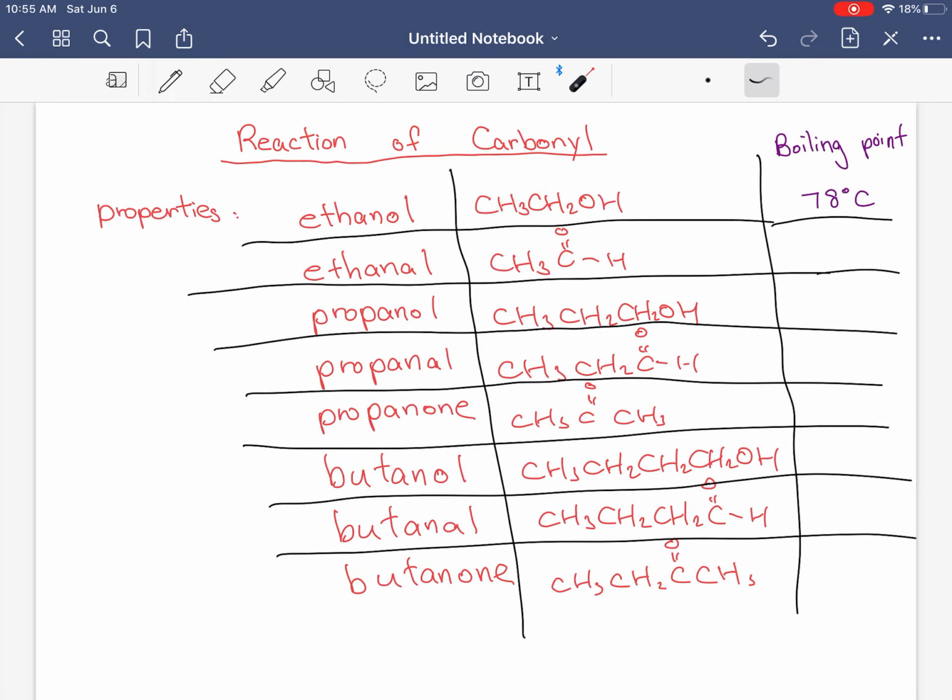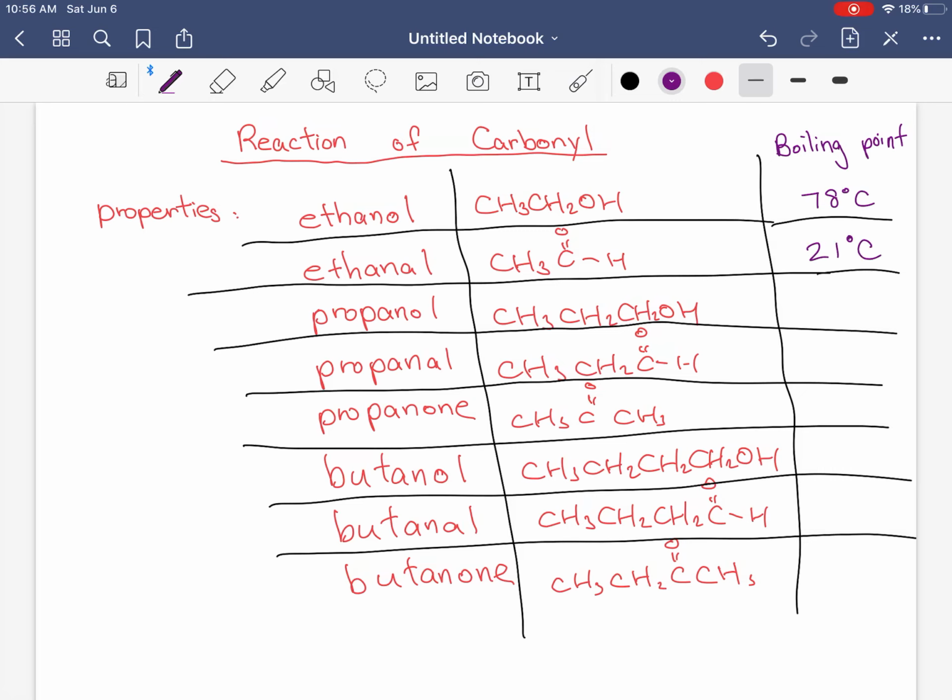Well, you can do the same calculation with C-H or C-O. Would that be polar or very polar? And your answer would be no. Okay, ethanal is not very polar. It's polar. C-O is polar. C-H is polar, but it's not that polar. Because it's not that polar, the boiling point here is going to be less.